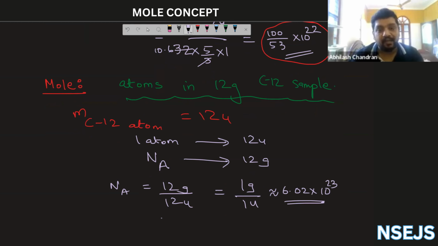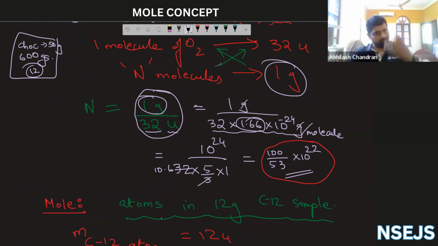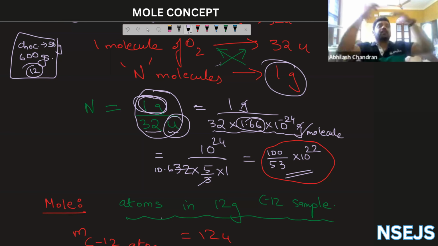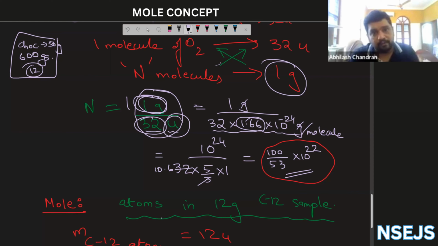Now, why is this convenient? Because everywhere, for example in this case, I had some weight divided by some number of AMU, so there is this 1 gram by 1 AMU even here. This is the part which makes it a huge number. Other than that, I had just 1 by 32, which is a simple, small calculation.